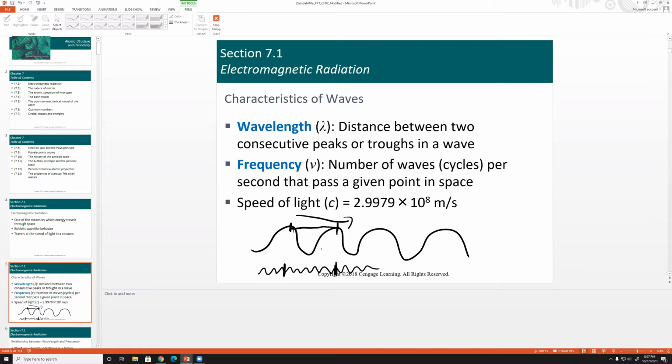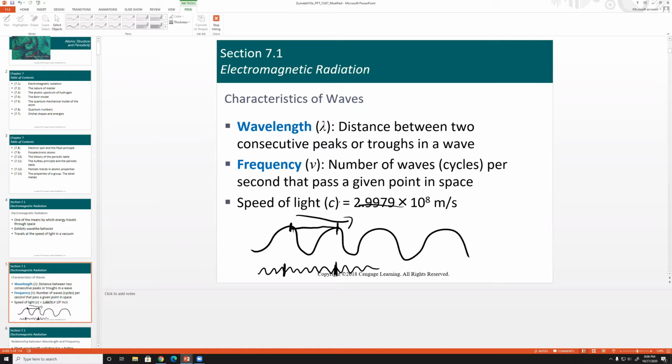And you notice that the only way for it to have higher frequency and have the same speed, meaning the rate at which these waves move across, is if the wavelength is decreased. You cannot change the speed at which this frame moves across the page, because that would be changing the speed of light, which you can't do. You can't increase it, but you can certainly decrease the speed of light.